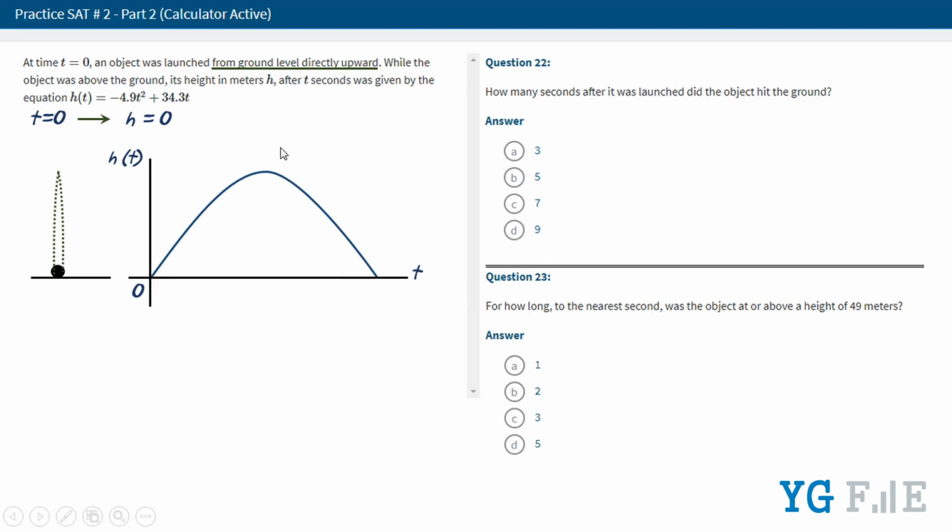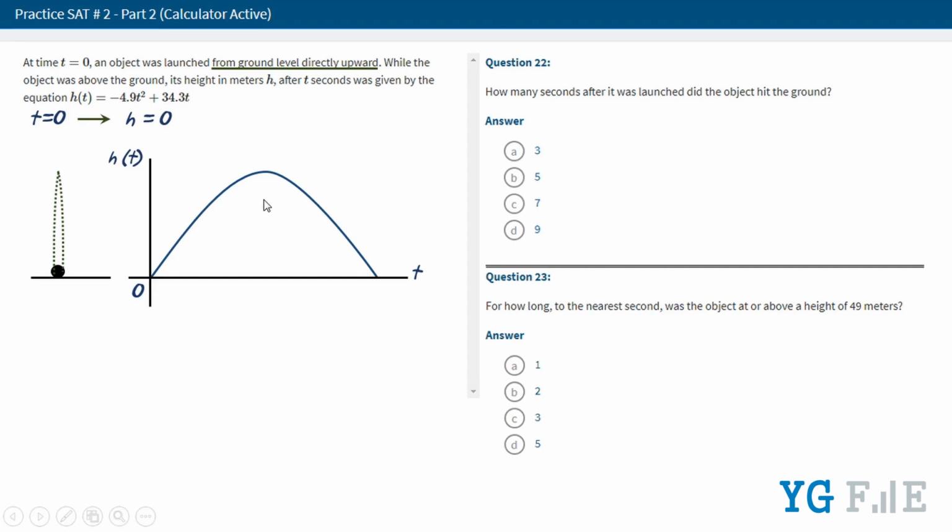We reached this sketch by considering the context of the problem, but we can also get it by remembering that the height of the object is expressed as a quadratic function, and the graph of a quadratic function is a parabola. So we can confirm this form in two ways: the first by considering the physical meaning of the problem, and the second by the mathematical meaning.